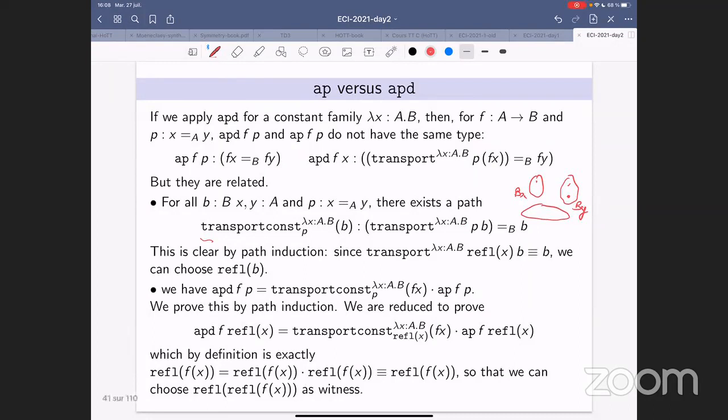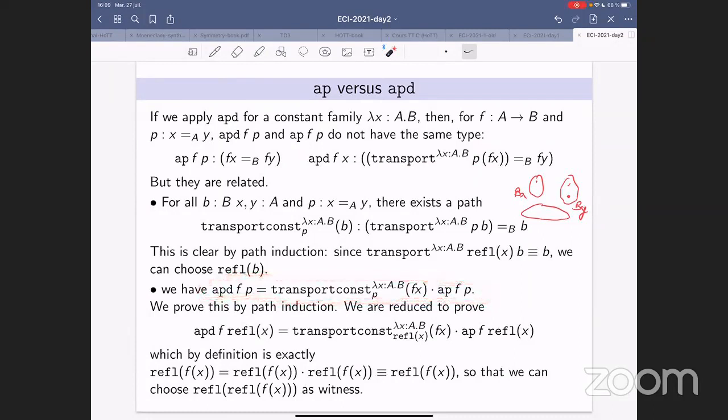Then we can show that app D and app are related through this coercion. You can think of this as a kind of coercion that coerces this to this. And hence what we can prove is this property here.